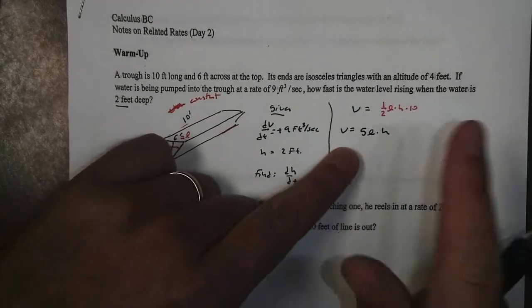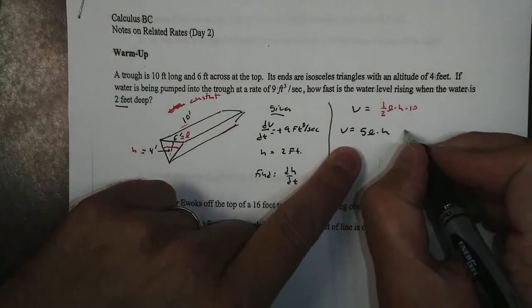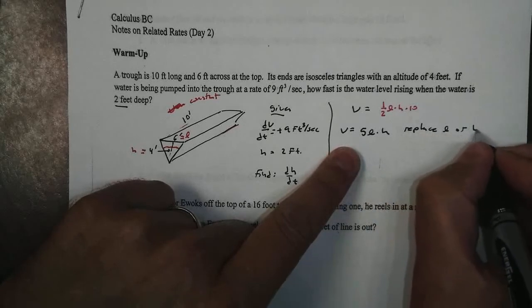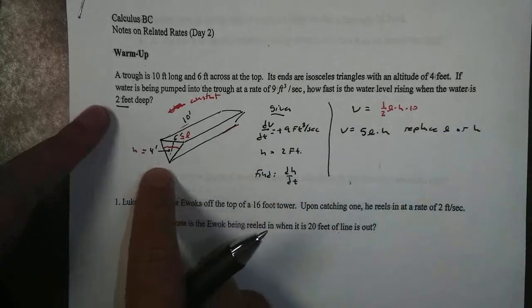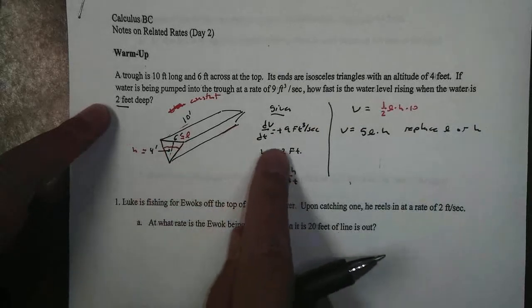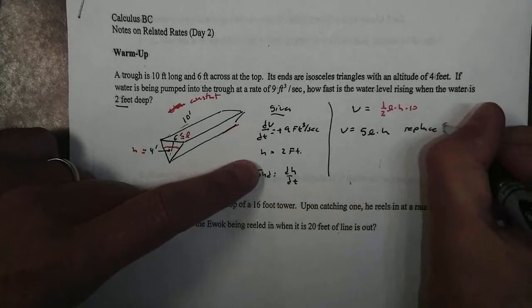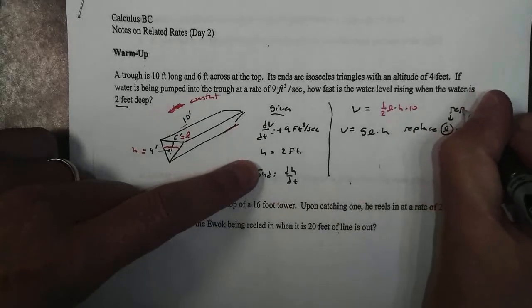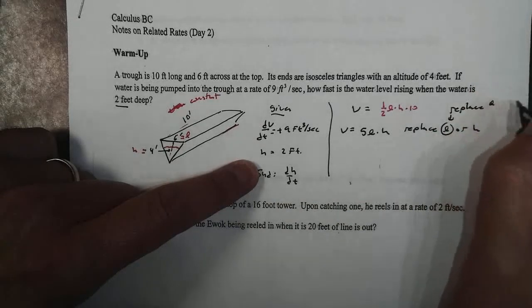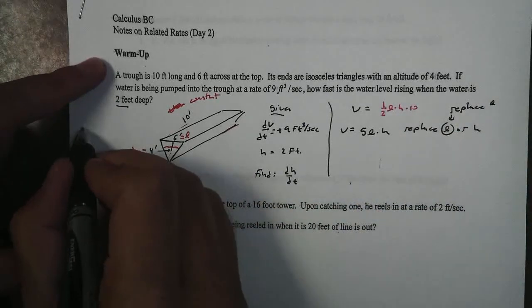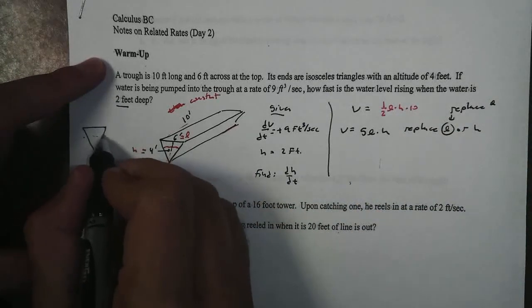We had a problem like this yesterday. We are going to have to replace L or H. Which one do we replace? Looking at the problem, we're given H and we're looking for dH/dt. We don't need L, so I am going to replace L. To do that, I'm going to use similar triangles just like yesterday.